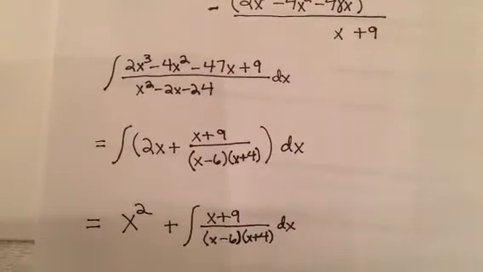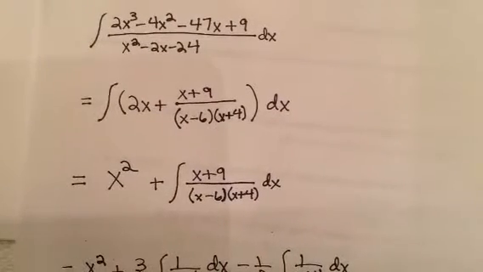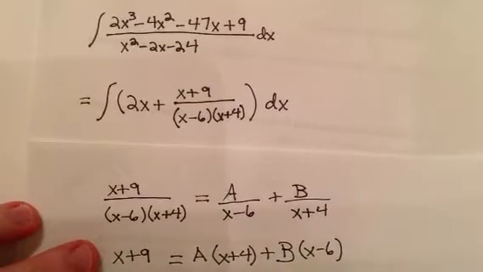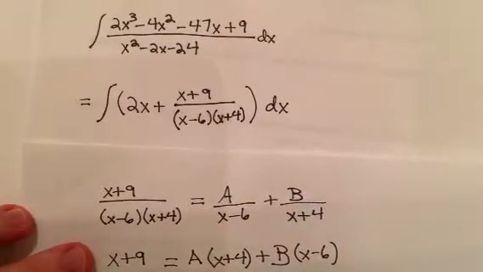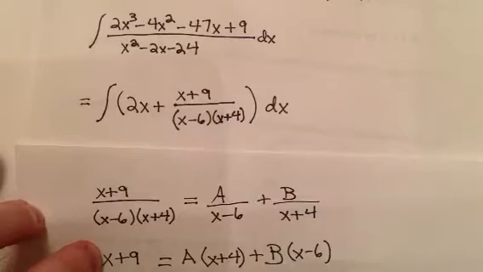The other antiderivative is where we officially work on the partial fraction decomposition. For x plus 9 all over x minus 6 times x plus 4, we can break this up into two distinct fractions with denominators x minus 6 and x plus 4, and it doesn't matter what order the denominators come in.